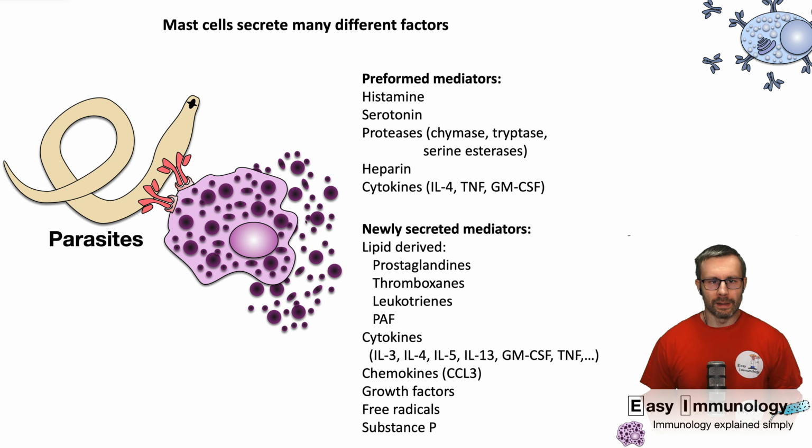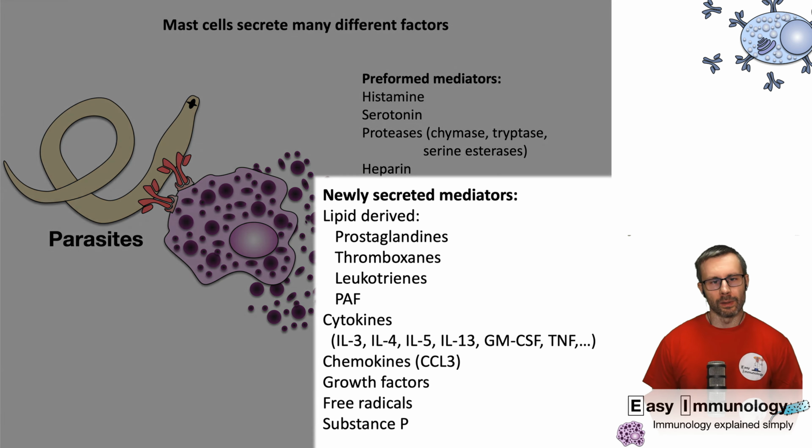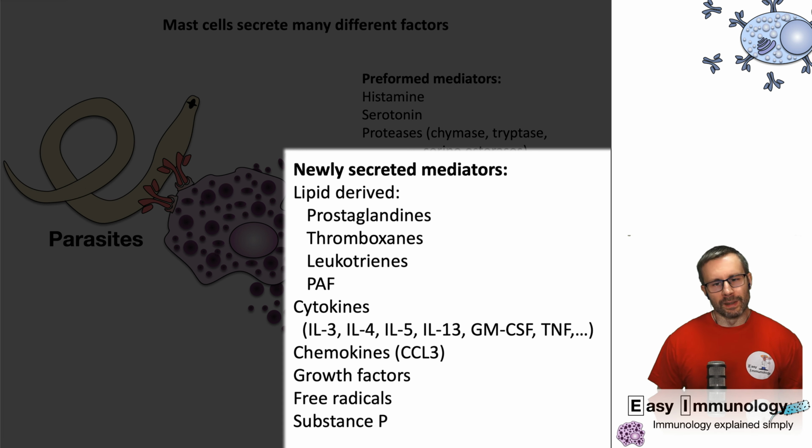This happens directly, and then after 2, 3, 4 hours, these cells also produce different mediators, because via the binding of the antibodies to the pathogen, an activating signal is transmitted into the nucleus, and then they produce certain molecules. They are called prostaglandins, thromboxanes, leukotrienes, and platelet-activating factors.